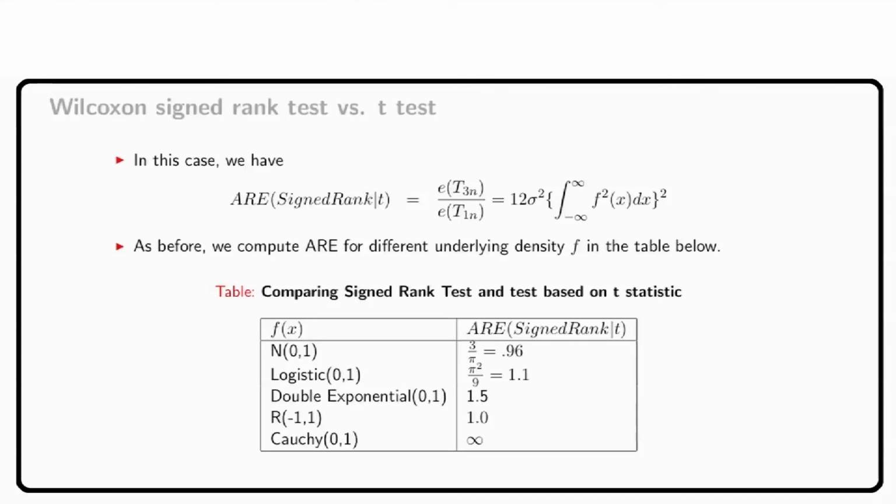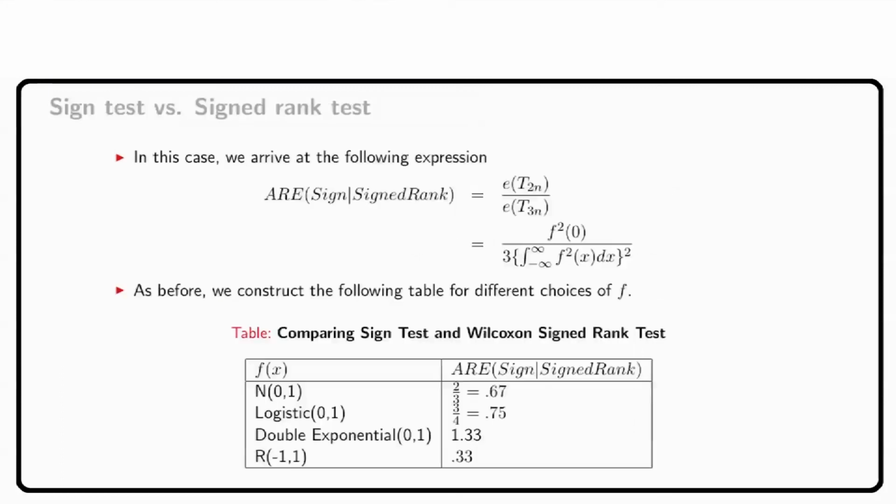Next, considering the Wilcoxon signed rank test and the test based on the t-statistic, we have the ARE of the signed rank test relative to t as 12 sigma square into the integral of f square x dx, whole square.